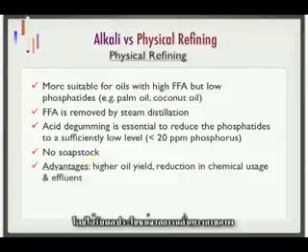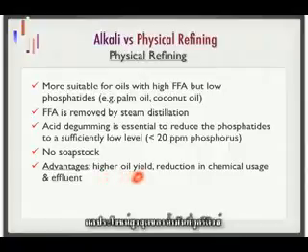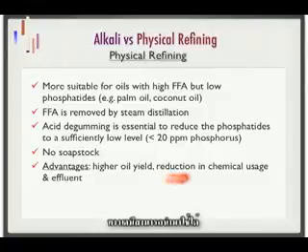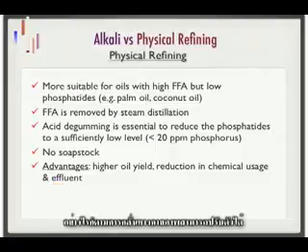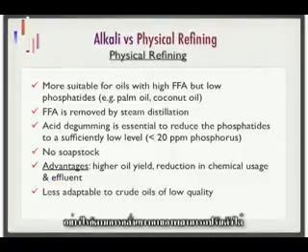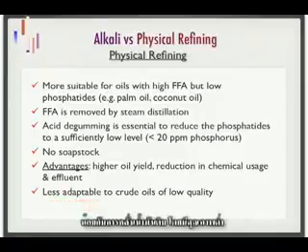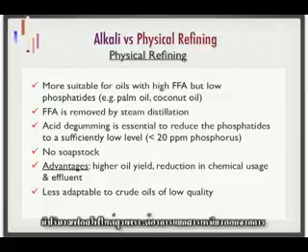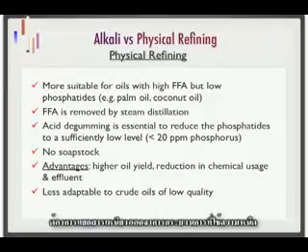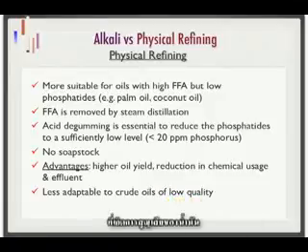So in general, we can say these are some of the advantages of physical refining. We can get a higher oil yield, a reduction in chemical usage, and also less problem with waste treatment. However, physical refining is said to be less adaptable to crude oils of low quality, which contain a high amount of phosphatides, because we need to remove the gums in the degumming process, which can cause or increase the losses of the oil.